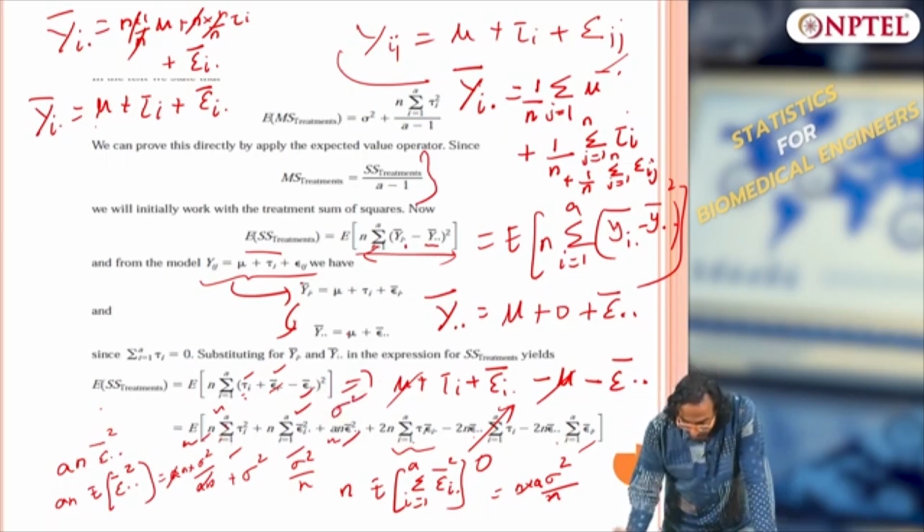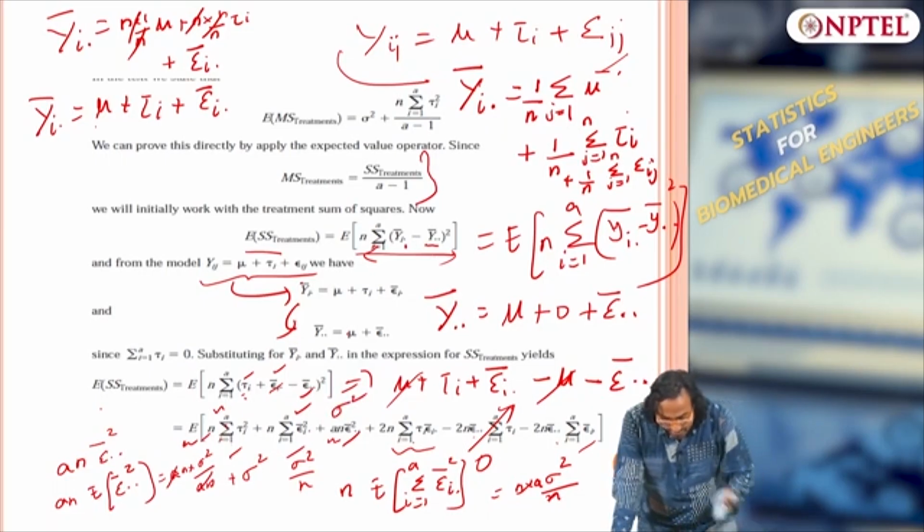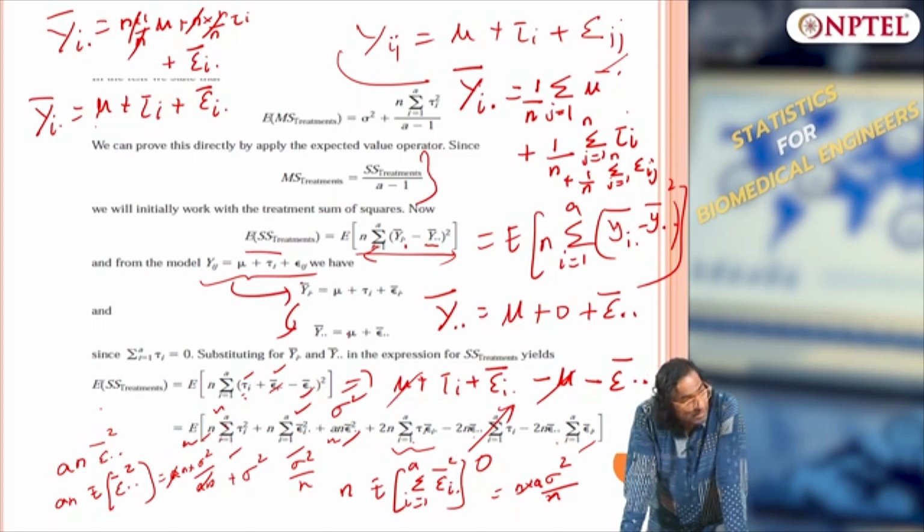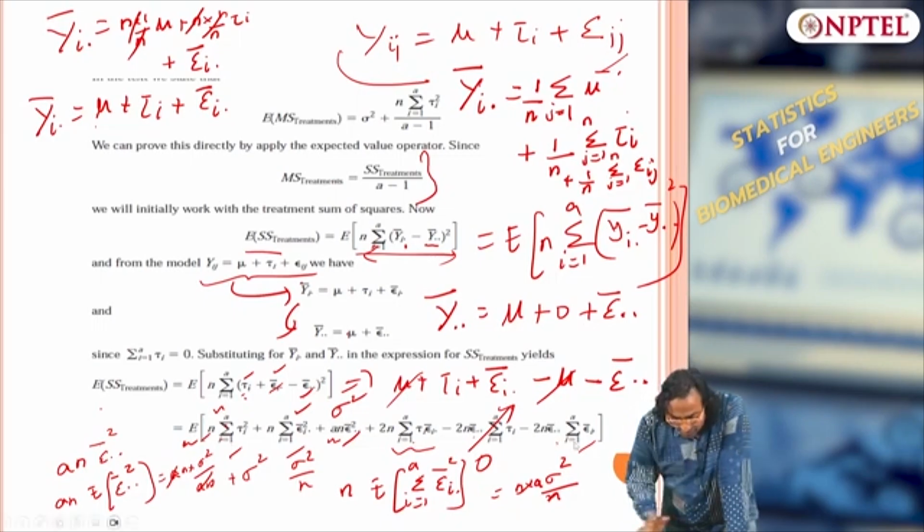Okay. What about the fourth term? Summation of tau I, what will happen? 0. Fifth term is also 0. What about the sixth term?